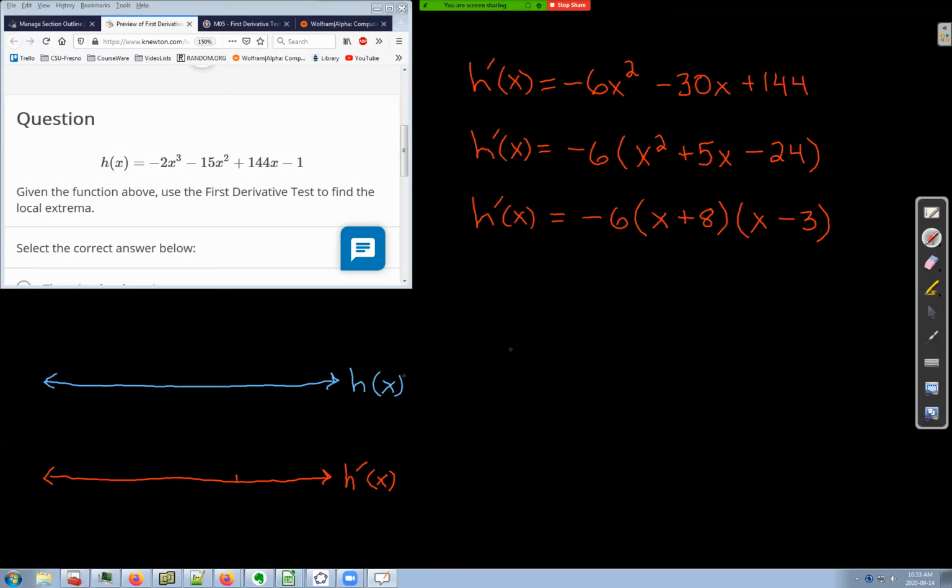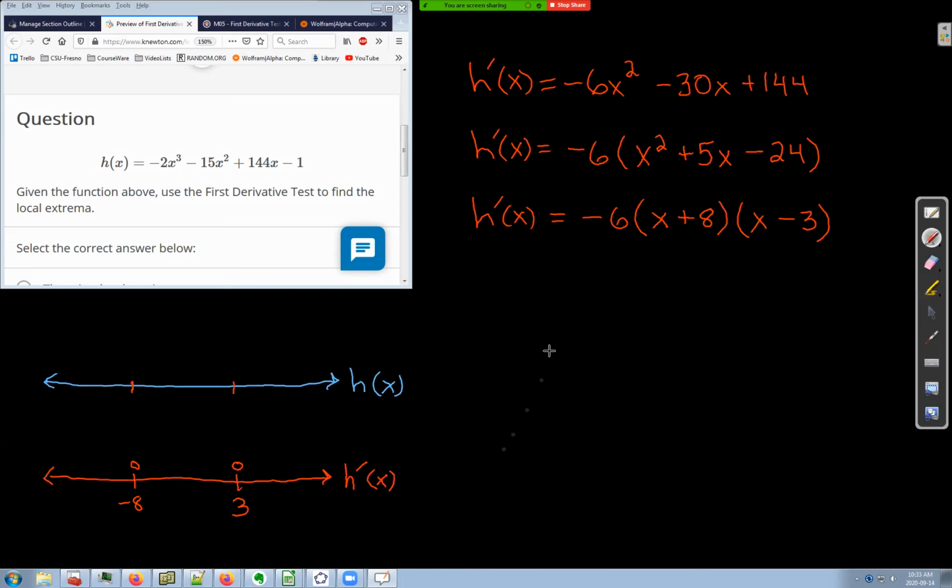From this derivative, I can see that the number 3 makes the derivative 0, and the number negative 8 makes the derivative 0. And then I'm also going to mark those points on the number line for the original function as well.